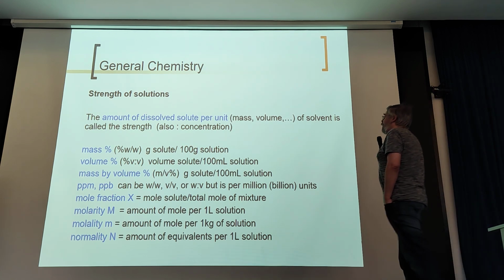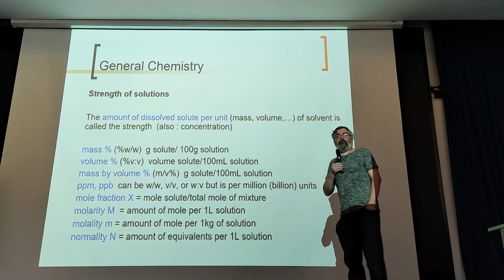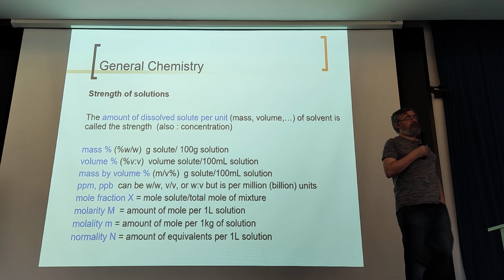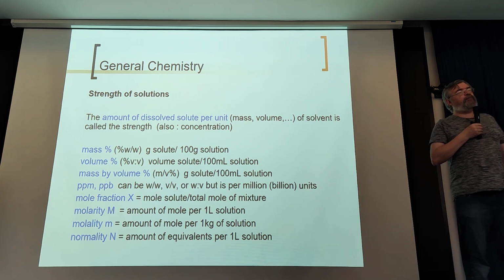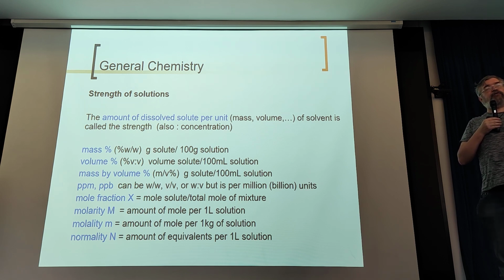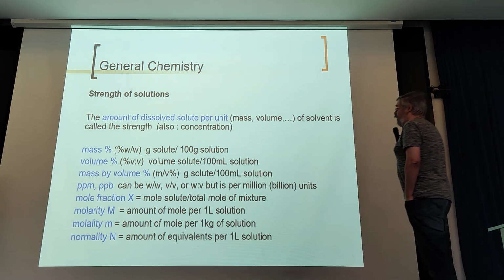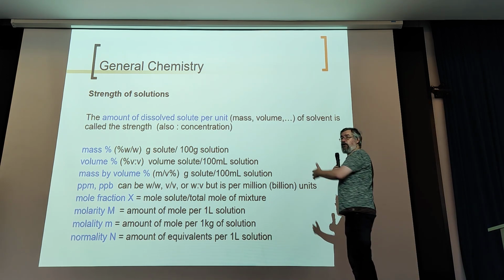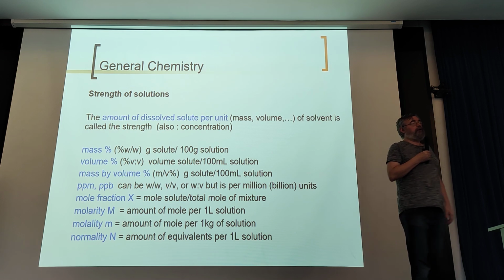So normally this is done by units, and the units we can use are, for instance, mass or volume. And this is the strength, or in some cases it's also called concentration. Now, here we have different ways of expressing strength.